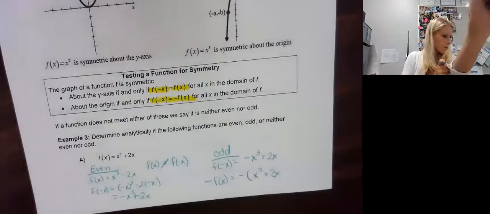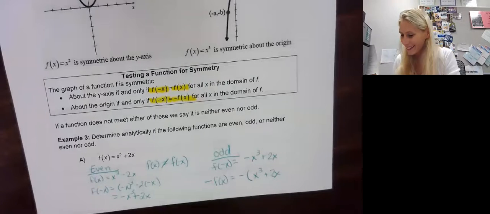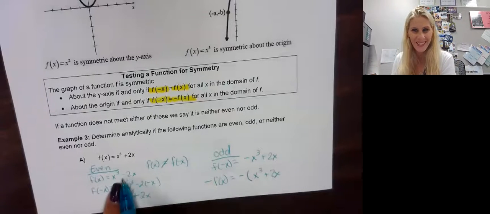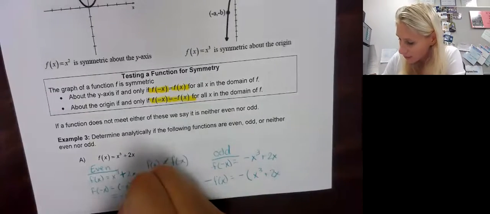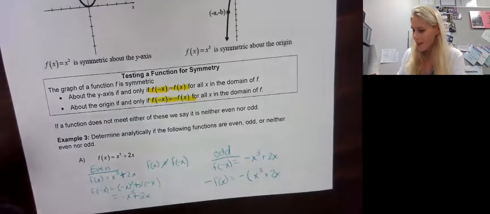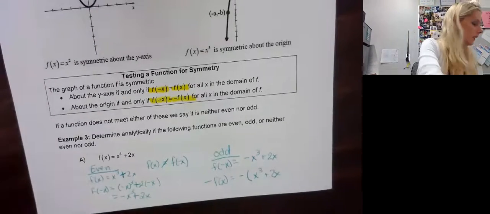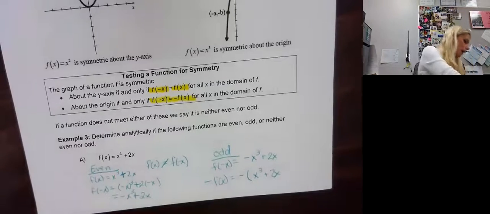Okay, I did something wrong. Sorry, I just noticed. You guys see what I did here? I put down negative 2x instead of plus. That's an easy fix, because this is plus, which means this down here is actually negative. So where is my blue pen?